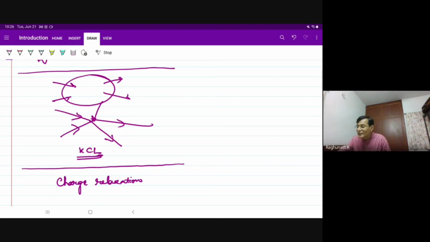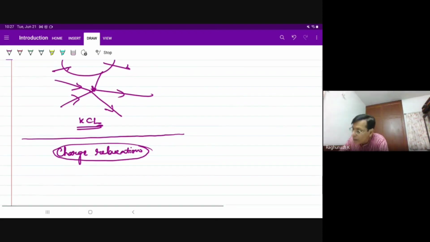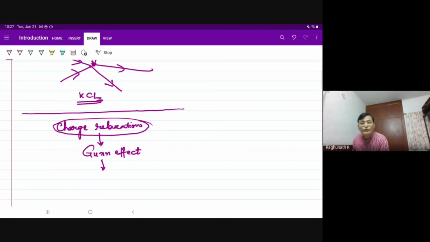That pulsating current is because of charge relaxation, in devices with negative resistance achieved by creating a very high electric field in silicon wafers. Charge relaxation basically leads to the Gunn effect, used as a microwave oscillator.